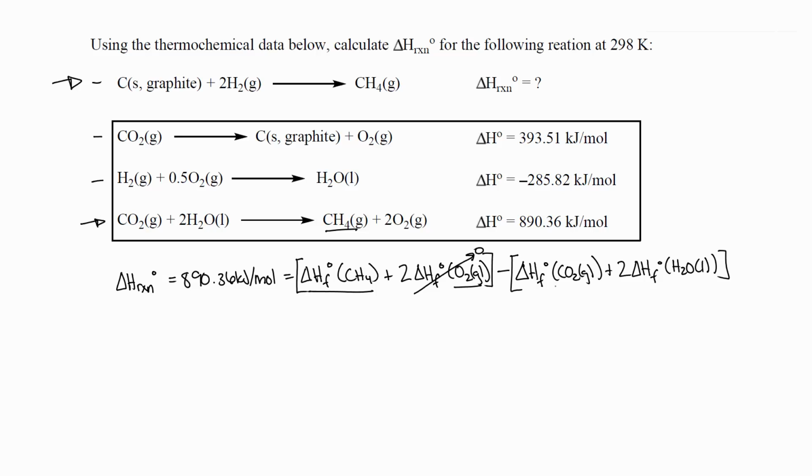As far as the enthalpy of formation of CO2 goes, that is exactly this enthalpy here, except with the opposite sign, so negative 393.51, since if we flip this reaction, it will be the formation reaction for carbon dioxide. So we can write this out as delta H formation of CH4 minus the delta H formation for CO2, which is negative 393.51.